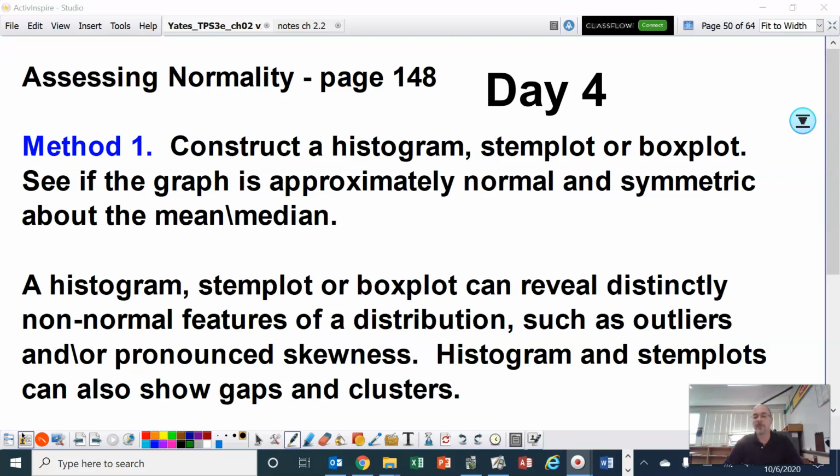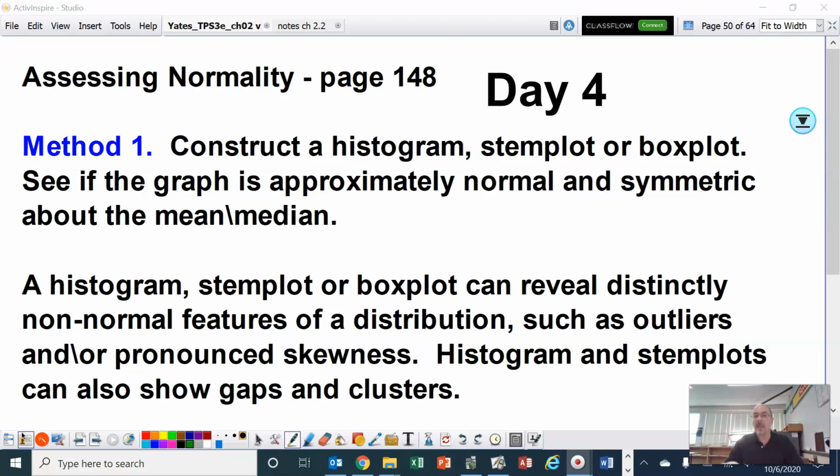A histogram, stem plot, or box plot can reveal distinctly non-normal features of a distribution, such as outliers and/or pronounced skewness. Histograms and stem plots can also show gaps and clusters. Now, one thing I want to emphasize: if it's approximately normal, ladies and gentlemen, you cannot use the word skewed.